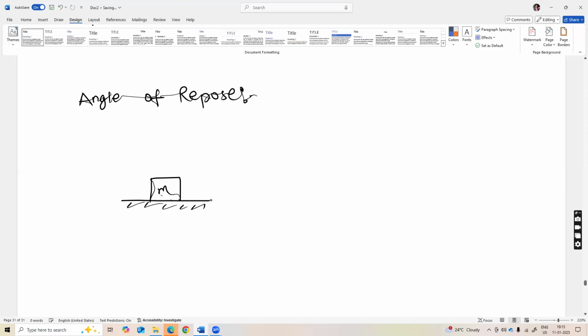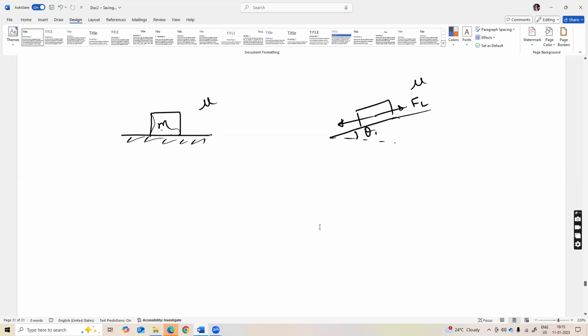Now if you increase the angle, let's say to theta 1, but since mu is the coefficient of friction between them, unless this component of weight is more than the limiting friction, this object will not move. So like that you went on increasing this angle, and finally you reach an angle, let's say theta.